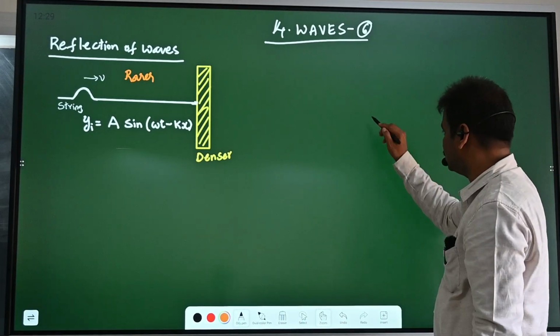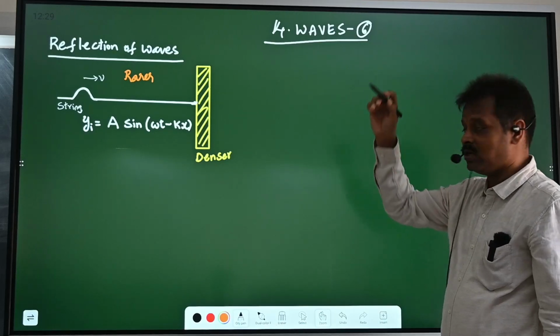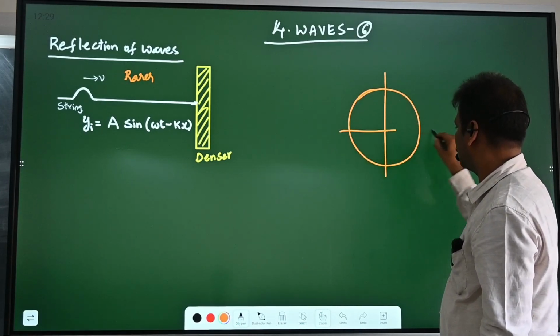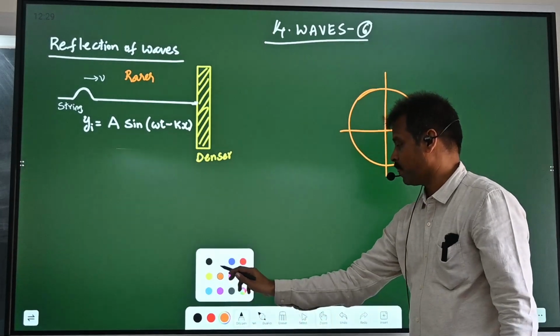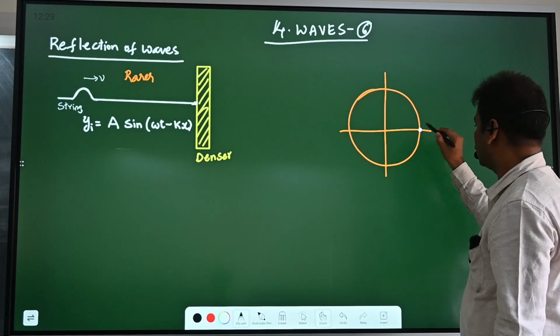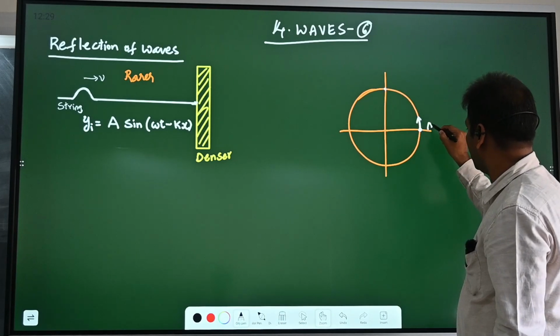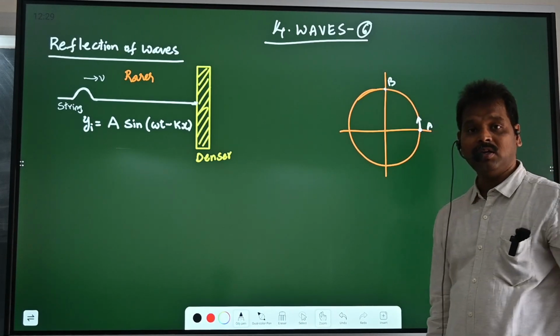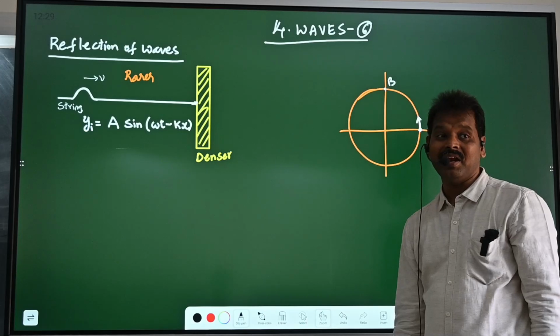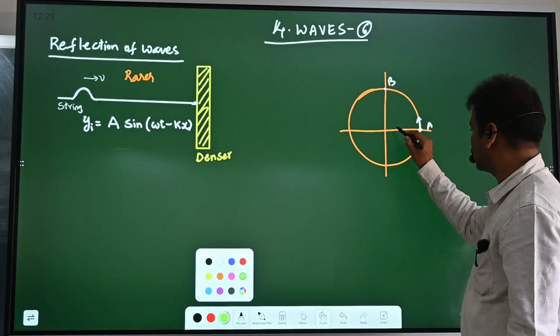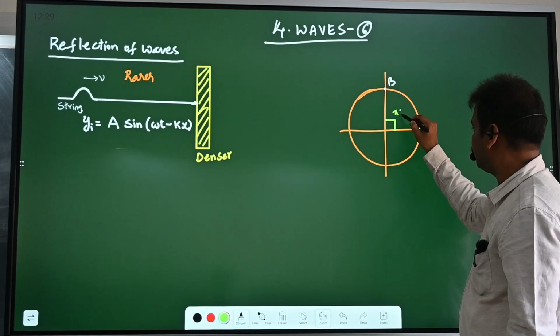Students, in the previous lesson, SHM, we have studied this. If a particle is starting from here and moves from A to B, what is the angle described by the radius? Pi by 2.